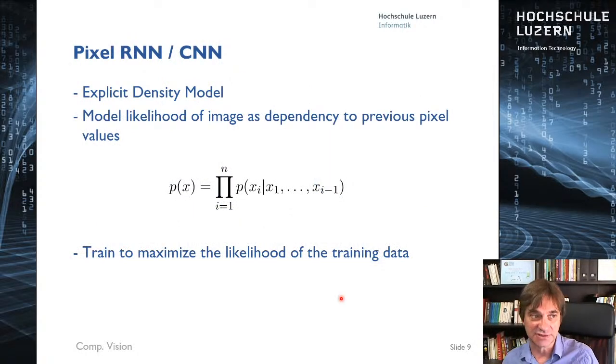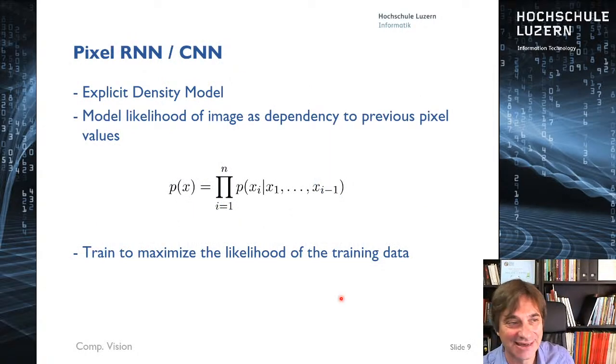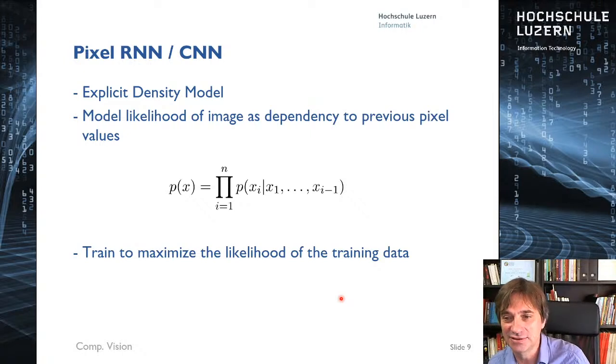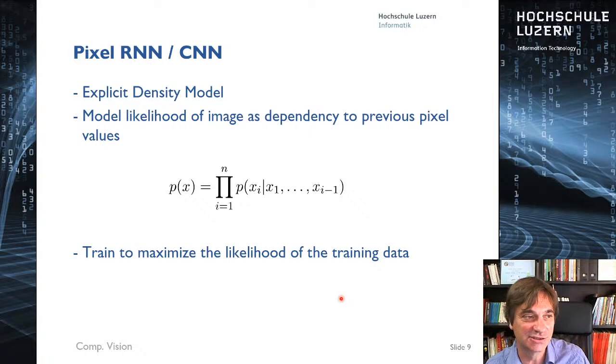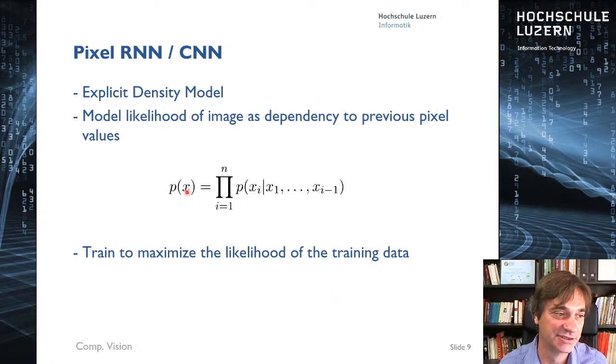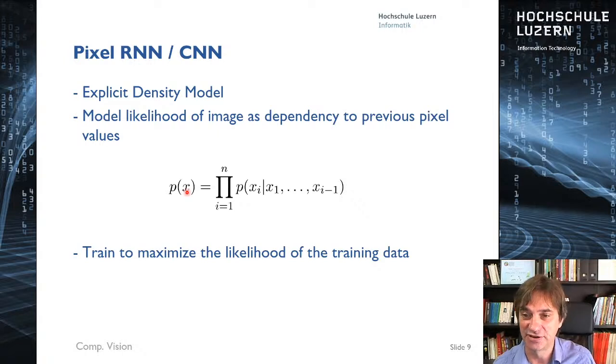Okay, let's start with the first one. So this is an explicit density model. So you would like to learn the distribution of your image, and the distribution of your image will just be some probability value that any pixel at some position has a specific color.